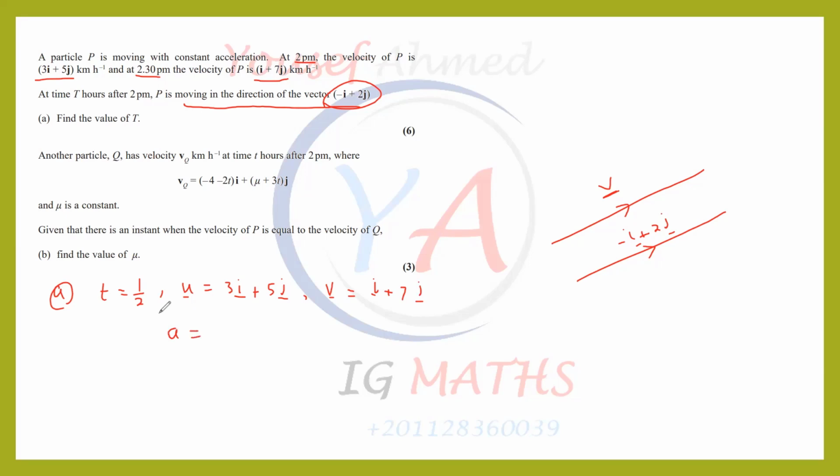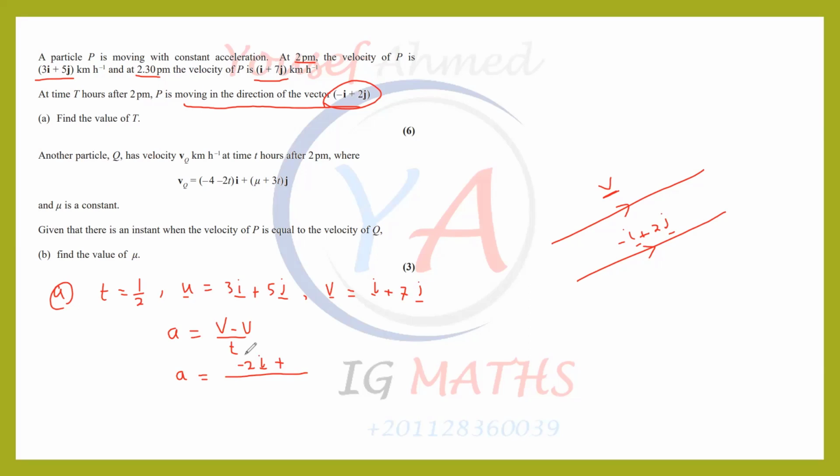Try to get the acceleration, which is v minus u over t. So the acceleration will be the difference between v and u. You are subtracting u from v.